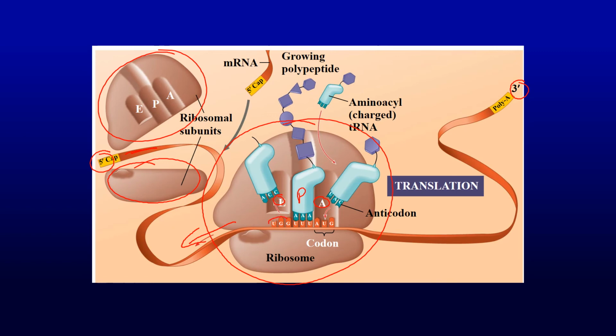And here we have a codon, there's another codon, and there's another codon, and the transfer RNAs match anticodon to codon, anticodon to codon. And as they come in and join, their amino acids are joined together to form this growing polypeptide chain.